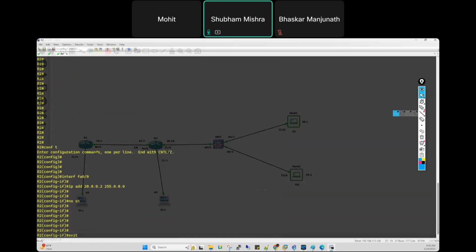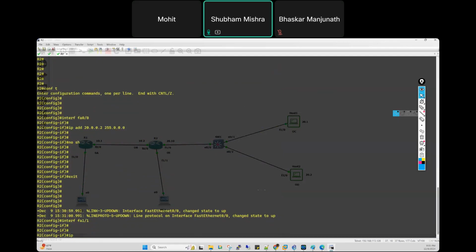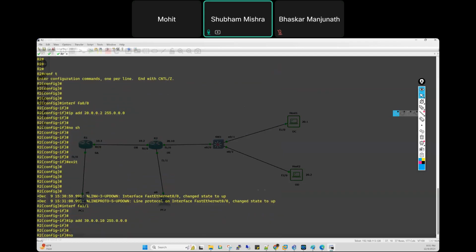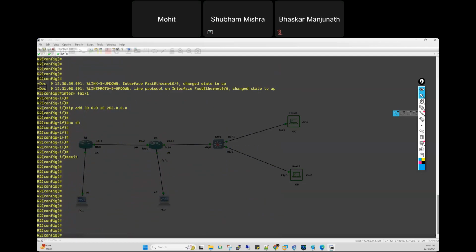So here we now configure interface FastEthernet 1/1, right? IP address, here we are assigning, for example, 30.0.0.10, 255.0.0.0 and no shutdown. So on R2, we configured.